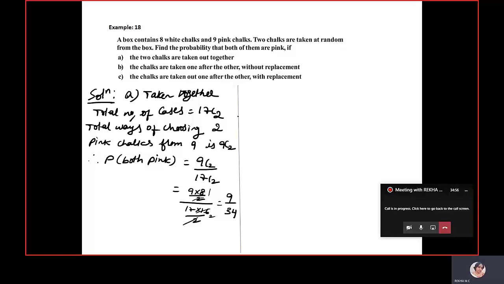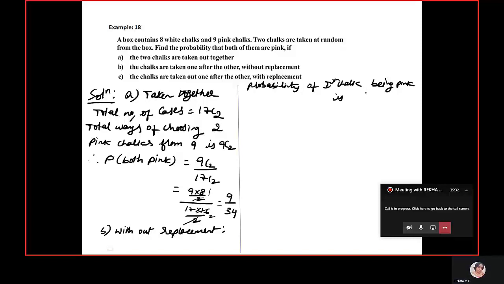Subquestion B, without replacement. So in this, the probability of the first chalk being pink is 9 by 17.